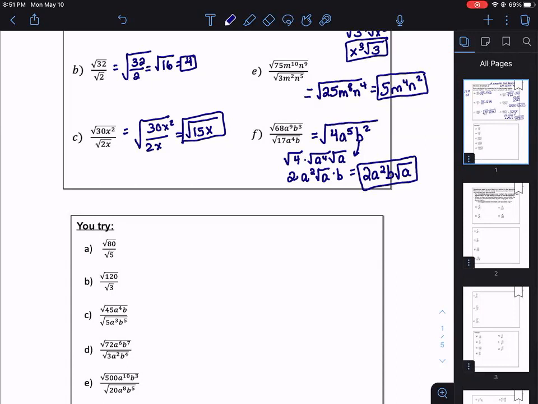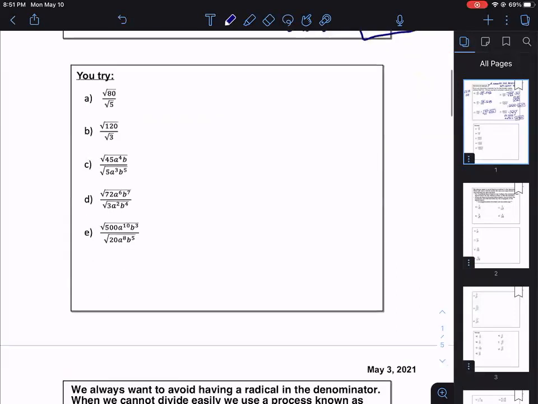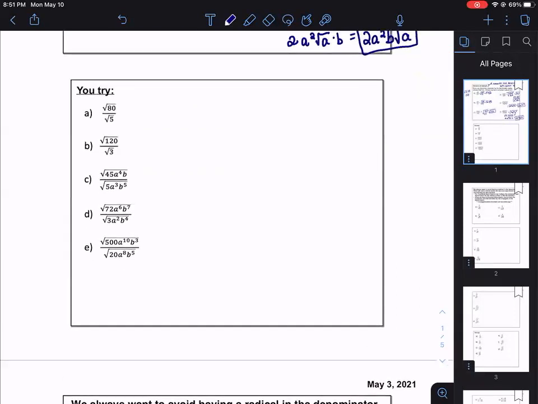Okay, so we're looking at about the last minute to go. Okay, so the last few seconds, we'll get started.